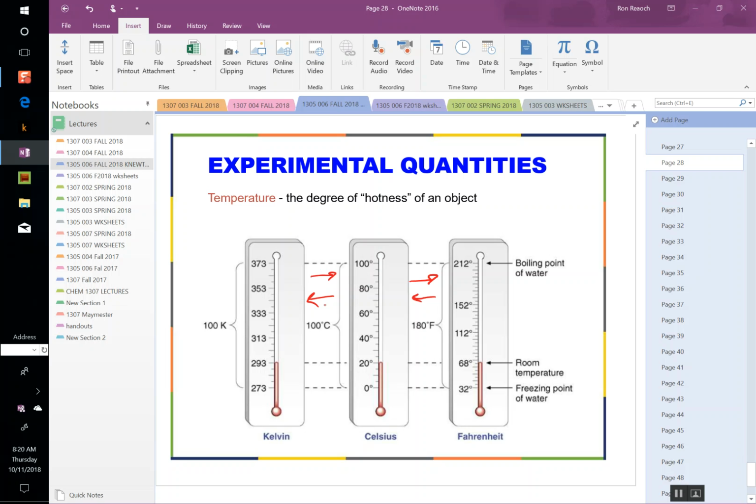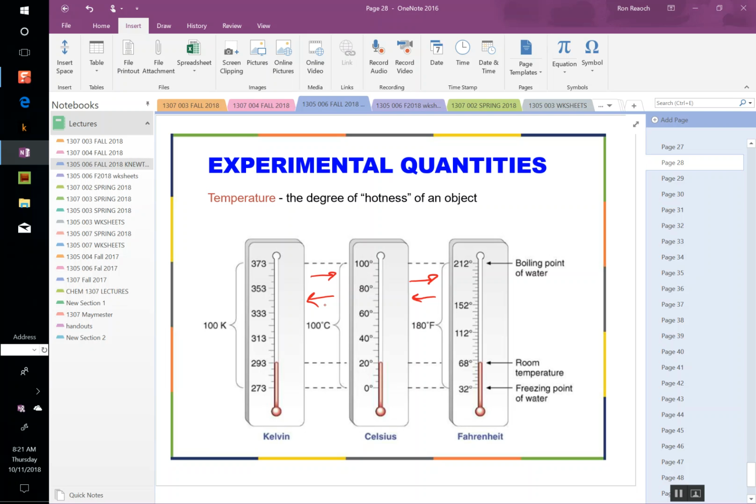We live with the weatherman telling us stuff in Fahrenheit, and we need to know it in centigrade. In the module on gases, we're going to use this temperature scale routinely. When we get to the ideal gas law, we'll be talking about temperature in Kelvin.